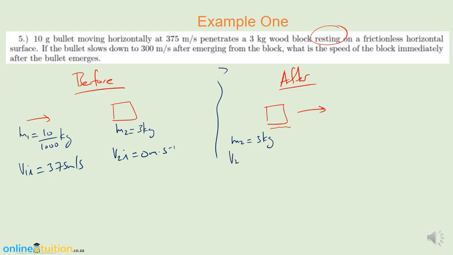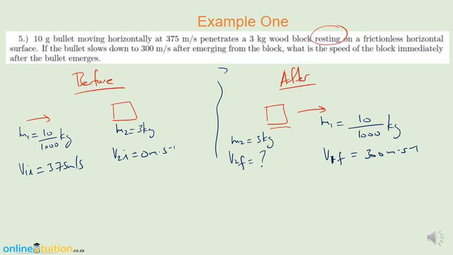The velocity of the block is what they want us to find. The bullet's mass does not change, so it's 10 over 1,000 kgs. And they give you the final velocity of the bullet, V1F, 300 meters per second.